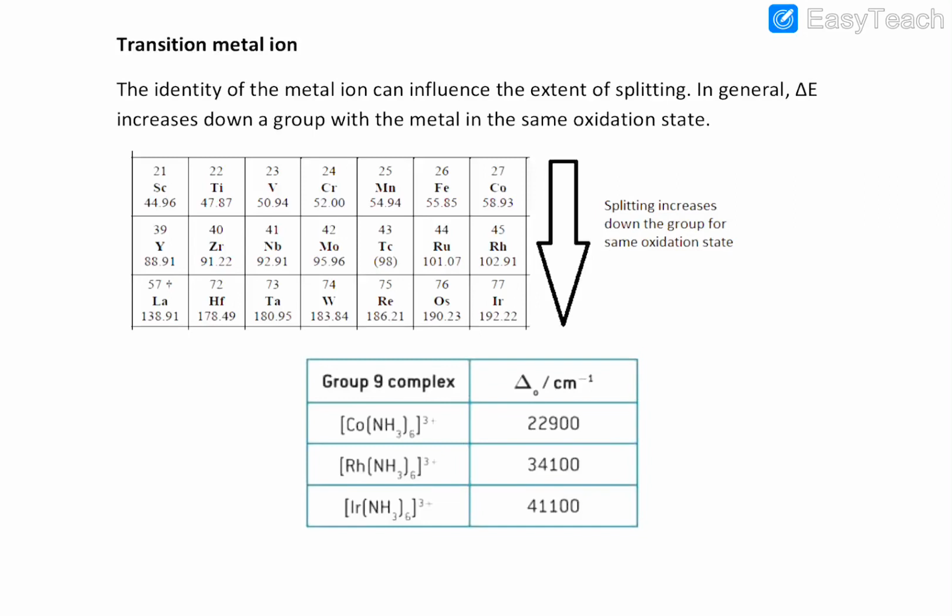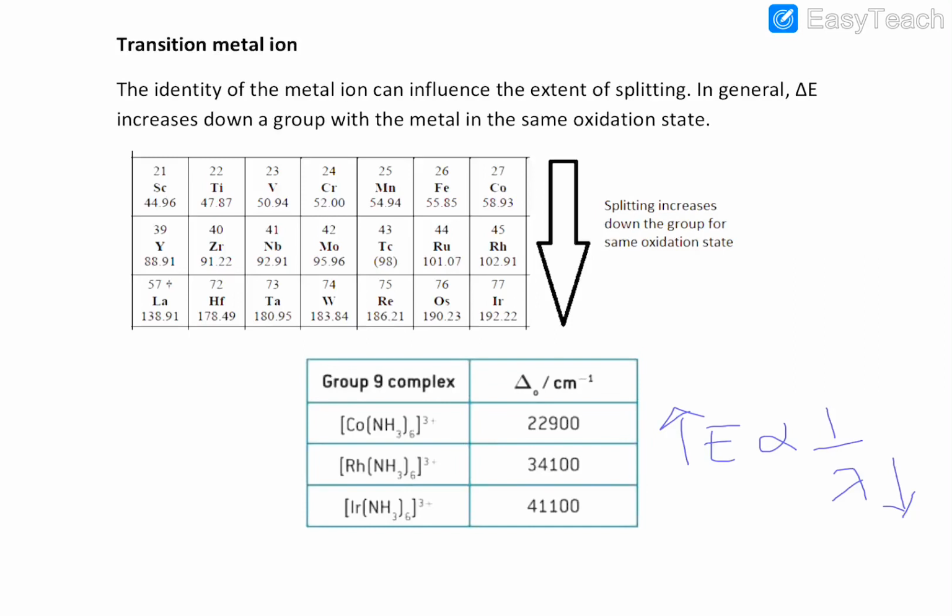So metals, usually down the D block group, so down each group, the delta E is going to increase down the group. So as you can see, cobalt, rhodium, and iridium here, the splitting is increasing. If energy is increasing, energy is inversely proportional to wavelength, so wavelength is going to decrease.